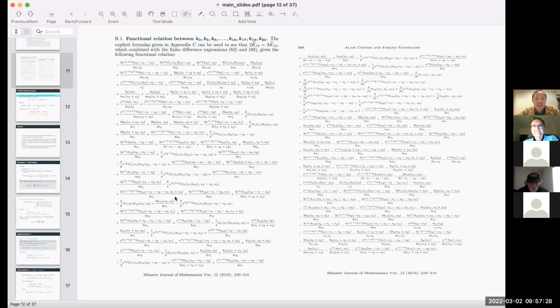I think the amazing fact is that probably only me and Farzad really carried out this computation. You have this really lengthy formula, you plug in the relations, then you click simplify in Mathematica and it's zero. That's really challenging, but you have to do all this to really appreciate this cancellation.